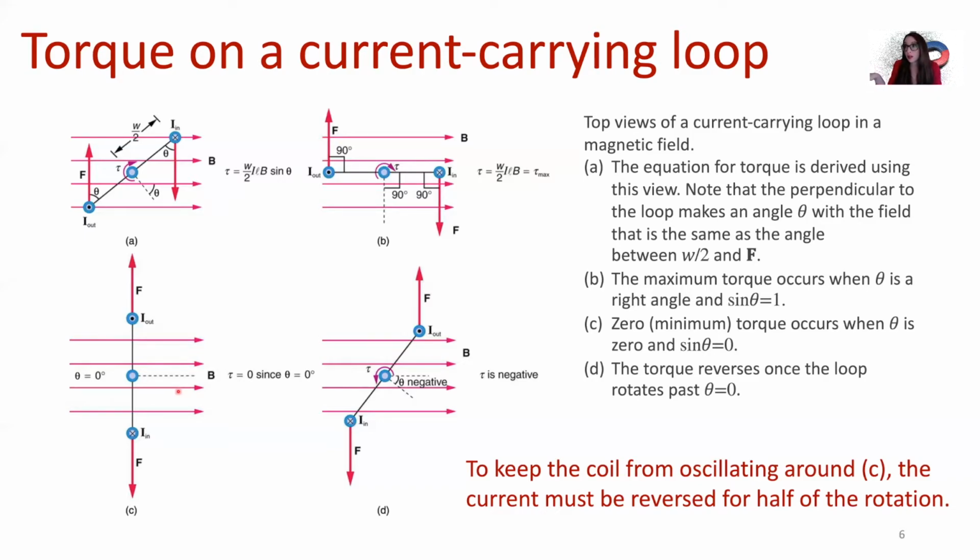that connected to the posts to hold up the armature, so that only during half of the rotation, when the bare wires of our armature are touching the posts, will it send a current through the loop. And then whenever it rotates around such that there's no longer current through the loop, there's no longer any torque being supplied by the magnetic force.